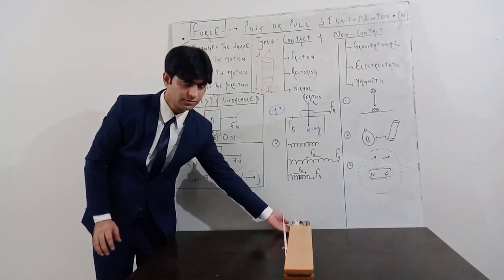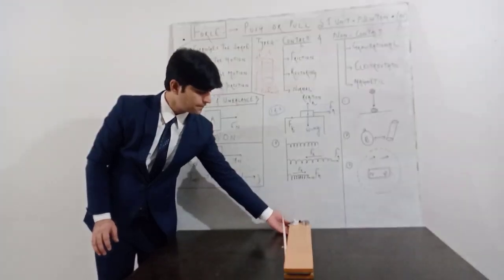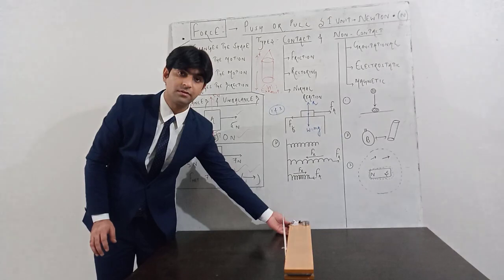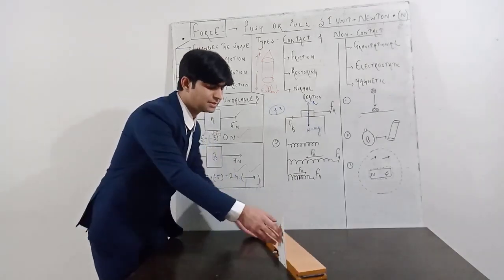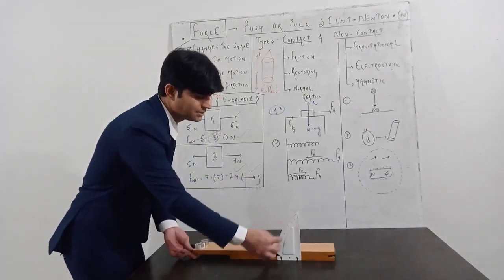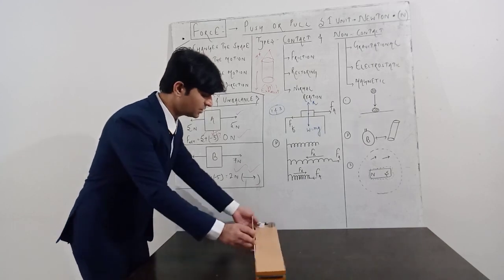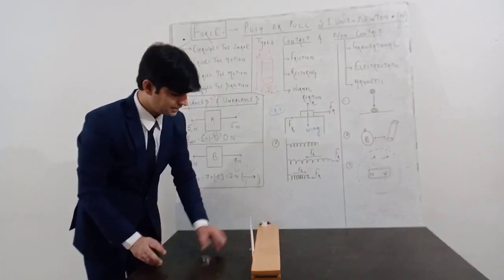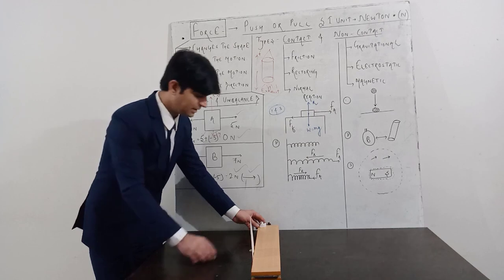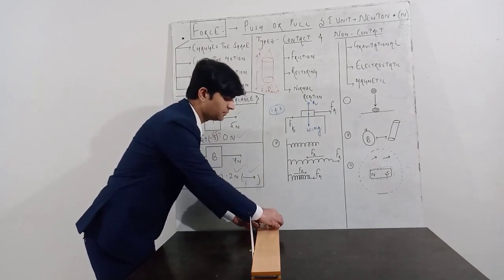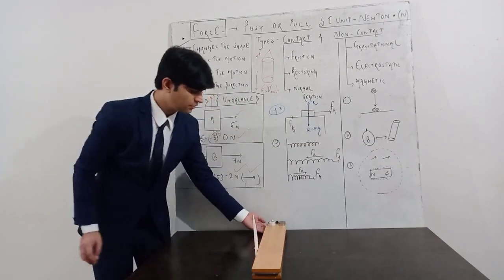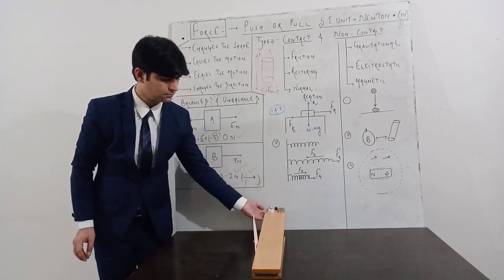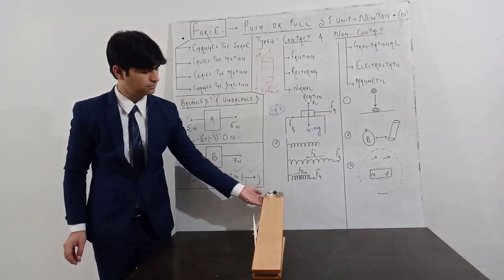You just need to observe which block is moving first. I have different angles here. We can discuss them one by one, there is no issue, or we can discuss it together also. We just need to observe which block will come first.